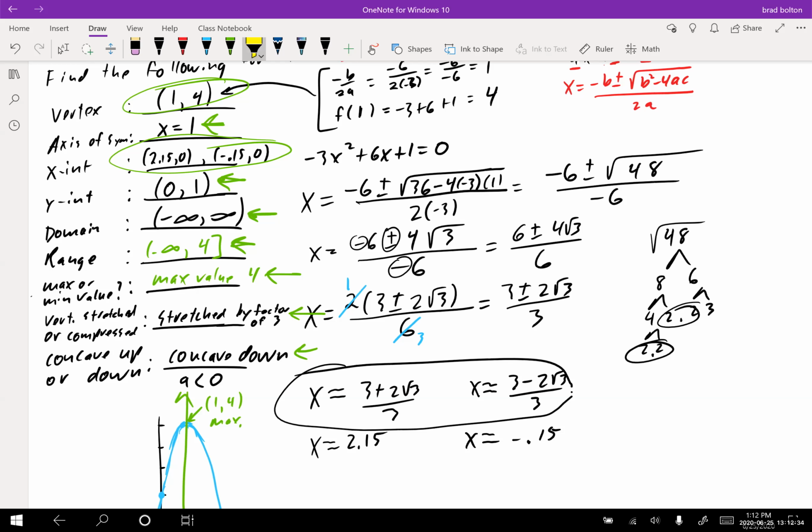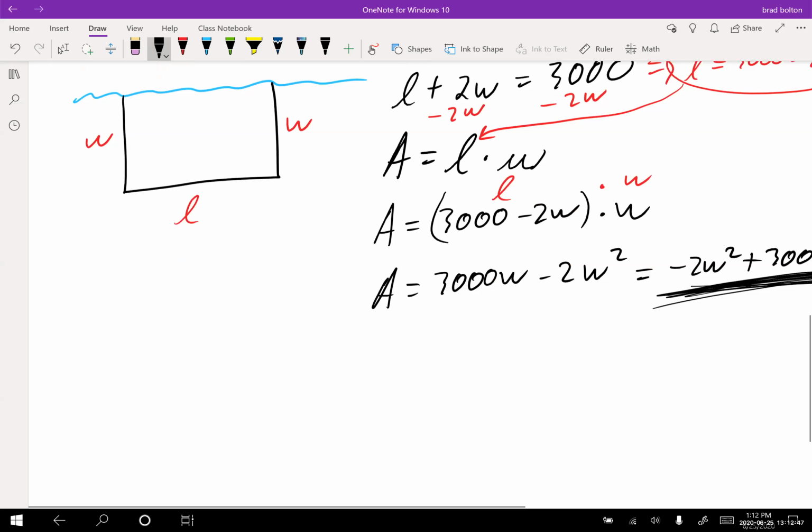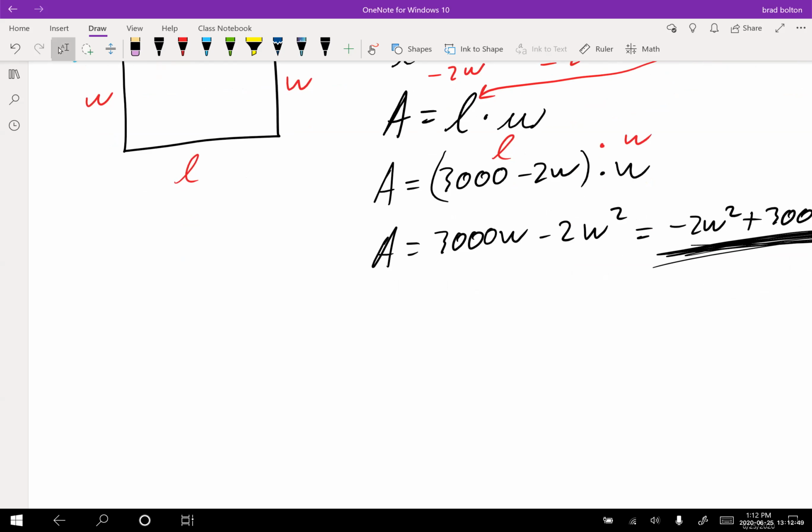Well, right here, we have maximum value, and we're looking for how to maximize area. So what do we need in order to find the max? We needed the vertex. So all I have to do is find the vertex, which equals negative b over 2a comma f of negative b over 2a. That's the formula for it.